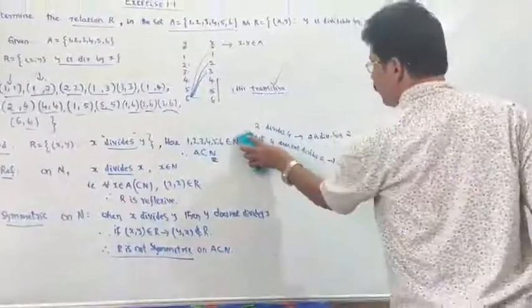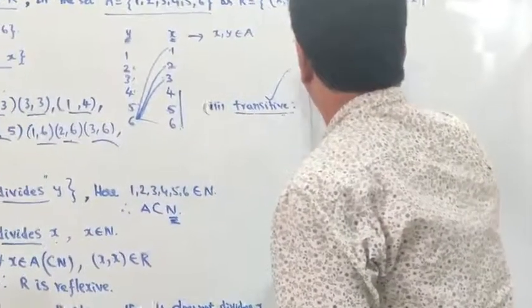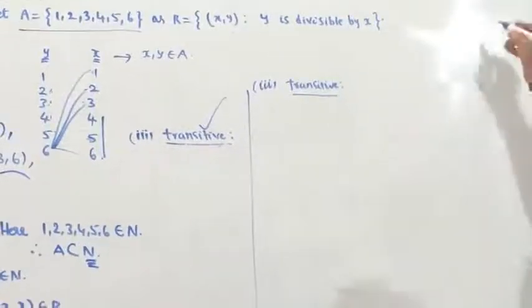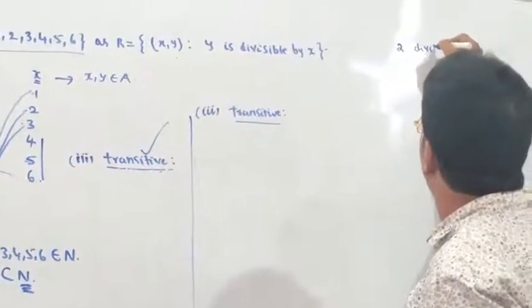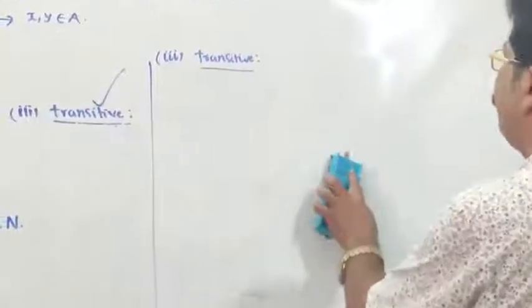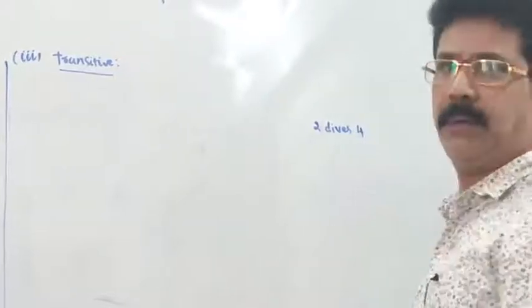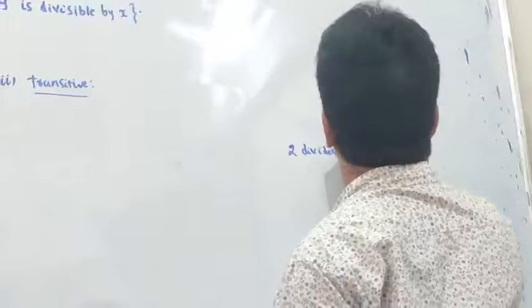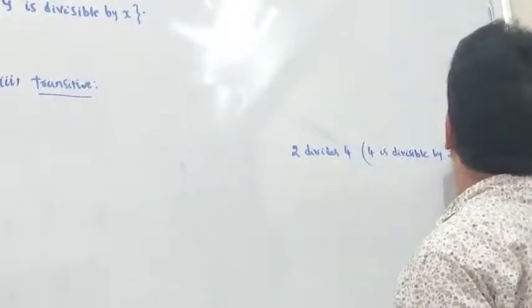Next, number 3, transitive. First I will show an example, as rough work. 2 divides 4, which means 4 is divisible by 2.